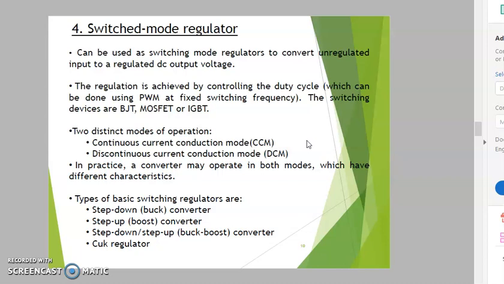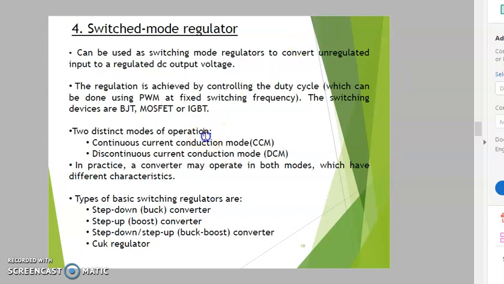We have a few basic types of switching regulators in the market, which are the buck converter, referring to the step down kind of conversion, or the boost converter, which refers to the step up, or can be step up and step down as well, which is referring to a buck-boost regulator.